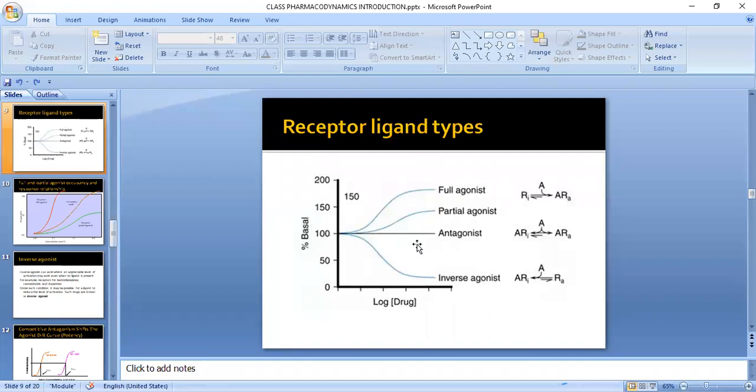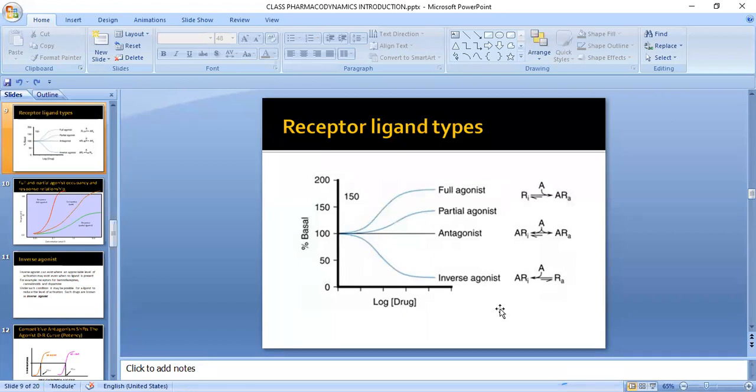Then antagonist, we told that the affinity is there, but the efficacy is not there. In case of inverse agonist, affinity is there, efficacy is also there, but it is in the opposite direction, even at its full concentration. So we use all types of drugs.